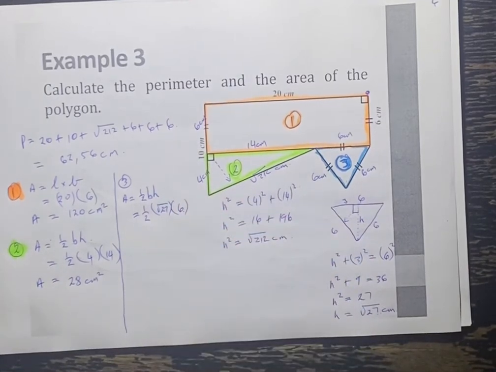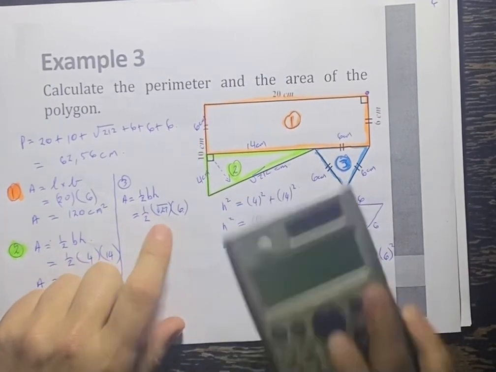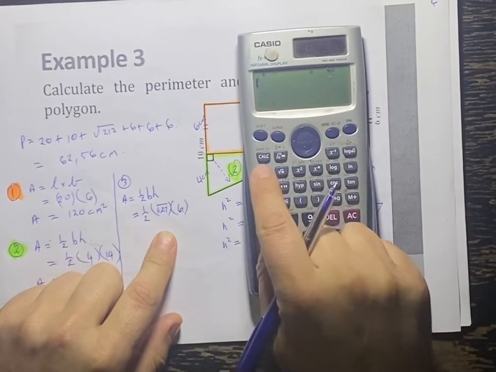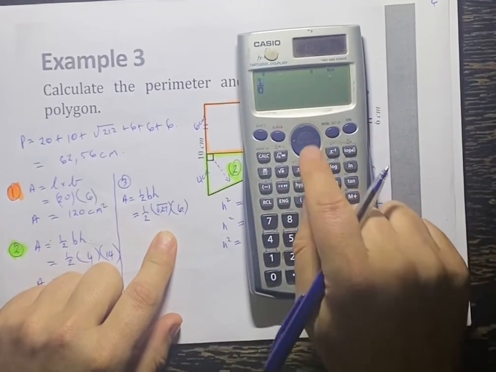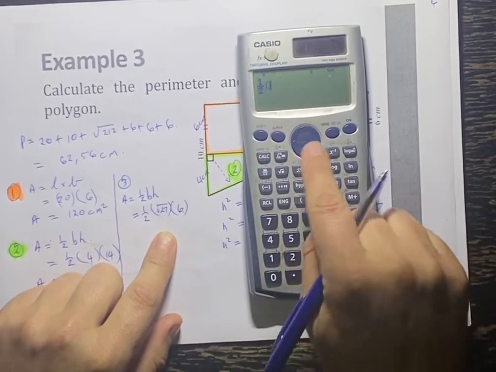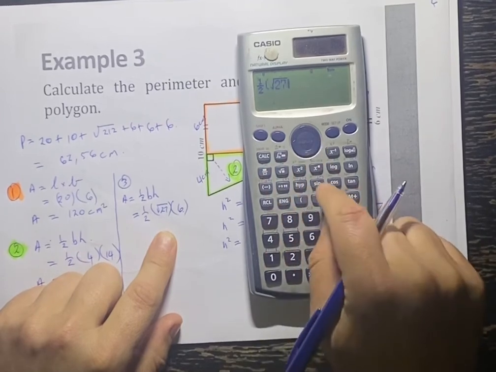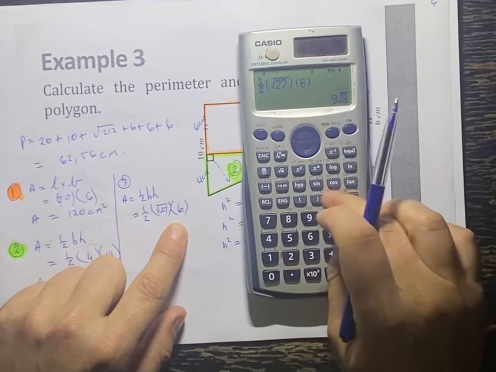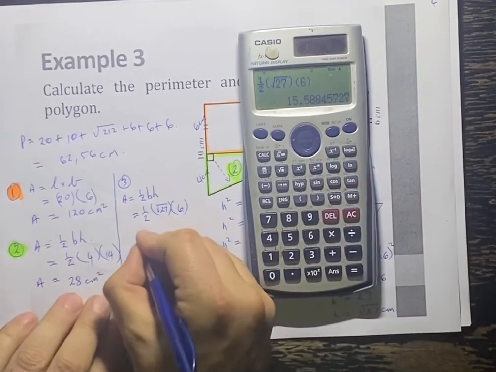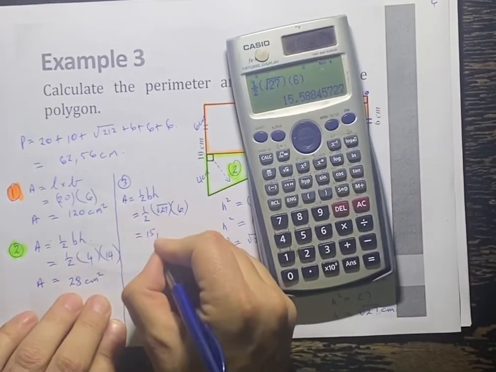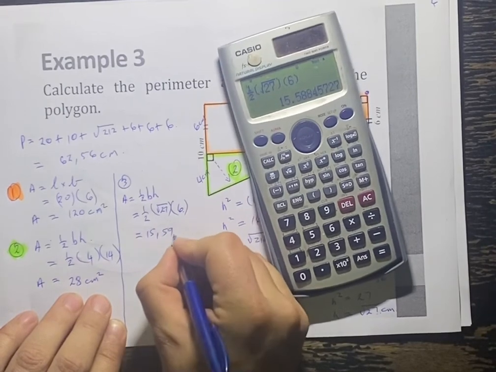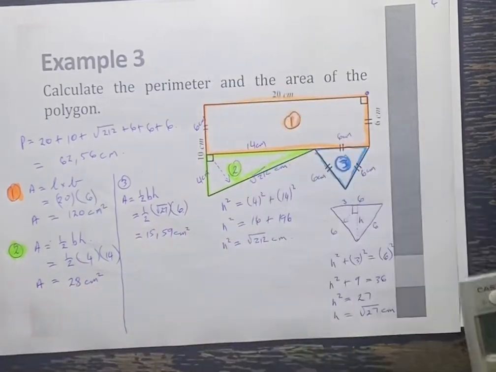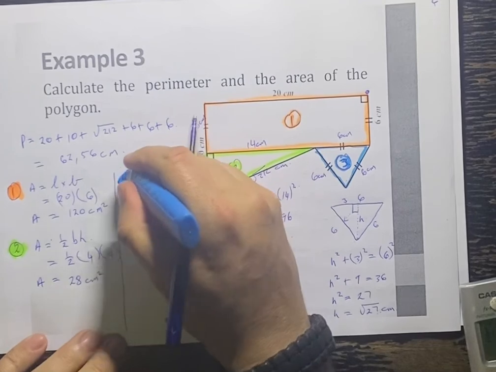Okay, and what I'm going to do with this one, guys, is round off this answer. So we've got a half root 27 times 6. And rounding that off to 2 decimals, we get 15.59 centimeters squared. So there's the area for shape 3.